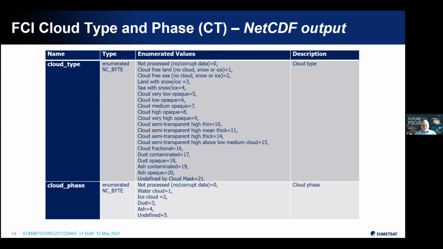And of course, fractional clouds. And then again, the information of dust and ash is transferred from the cloud mask. And then we do also some tests whether it's just contaminated or an opaque, thick dust cloud or ash cloud. And of course, we have undefined cloud by the cloud mask. This information is also given. And of course, the cloud phase, again, not processed, water, ice clouds, dust, ash, or undefined.